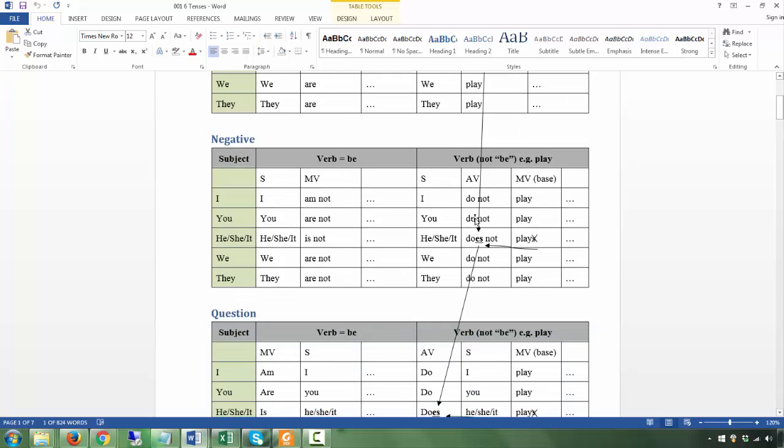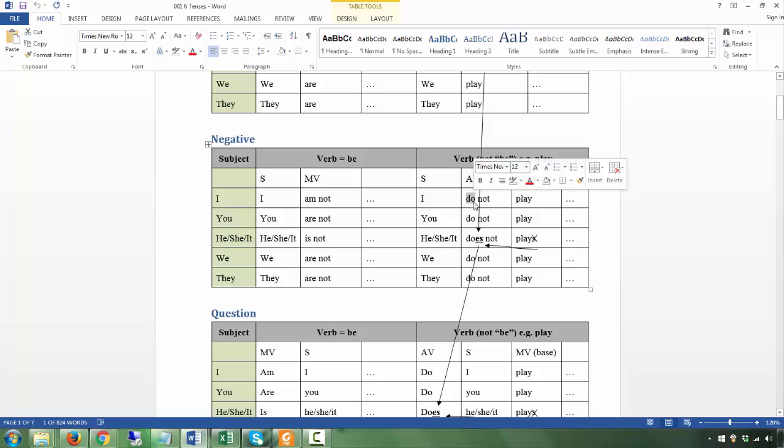Like when you do a negative for the non-be verb, for play, rather than saying I play, I do not play. Now this do is not a main verb. The whole thing is not about do, but you need to use do as an auxiliary, as a helping verb to form the tense. Now why? It's just the way it is. So this is an auxiliary verb. Don't be mistaken, this doesn't really give you the meaning.